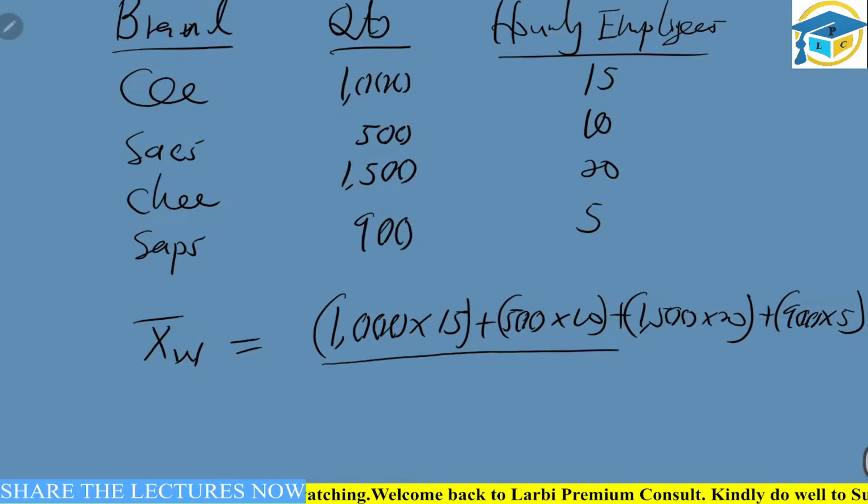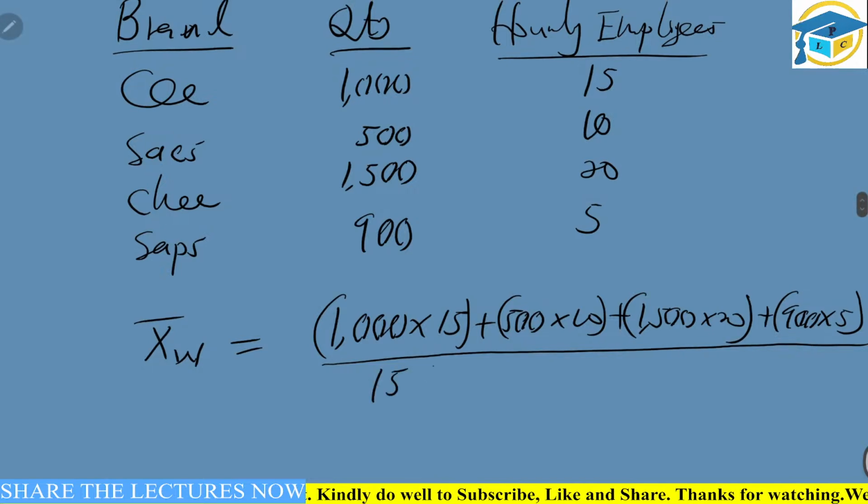So then divided by, but here you can't say divided by 4 because there's a weight attached to each quantity of brands. So all I'm going to do is add the hourly employees who produce these brands. So that's going to be 15 plus 10 plus 20 plus 5.